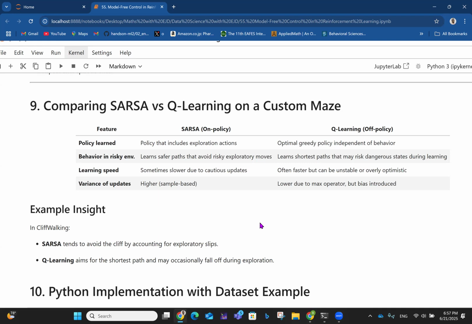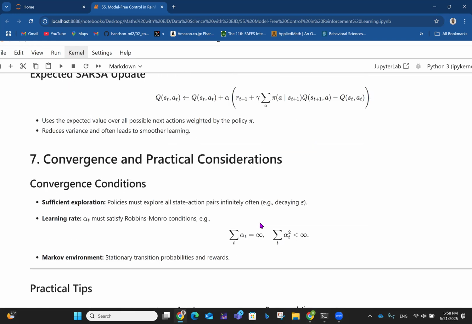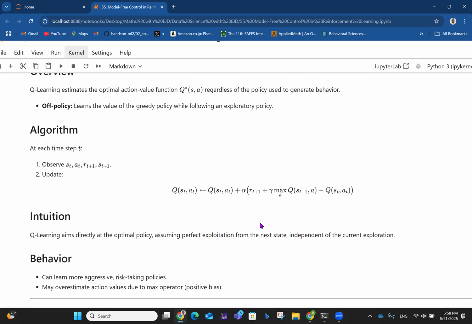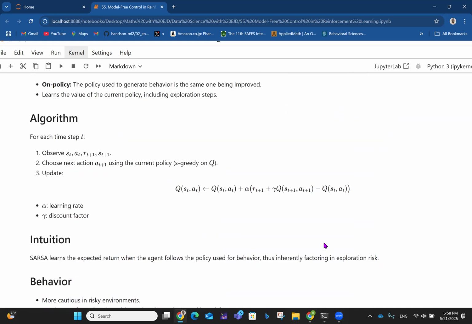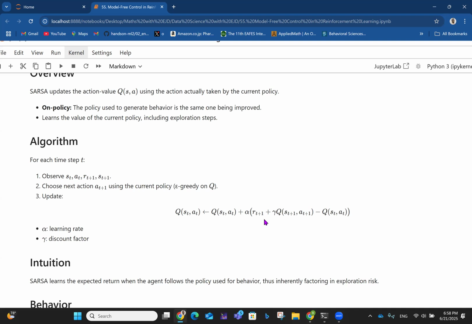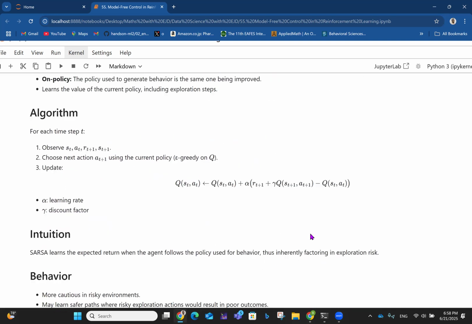Then you have variance of updates now. Variance of updates is higher and sample based for SARSA. It is lower for Q-learning due to the max operator, but bias is introduced. In Q learning, there's a max you're taking along the line. If you remember the Q learning update here, you see this gamma times the maximum of Q, whereas in the other case, you just have gamma times Q directly, not the maximum.